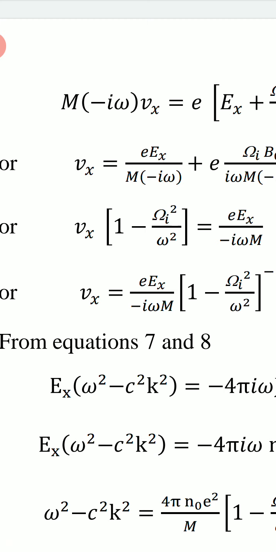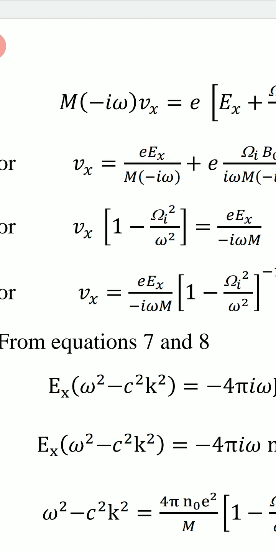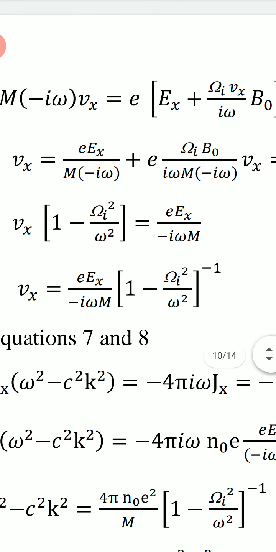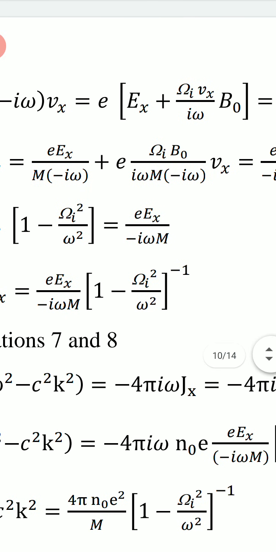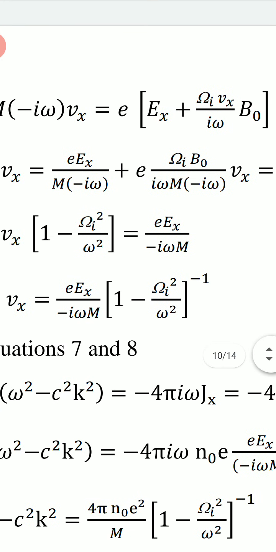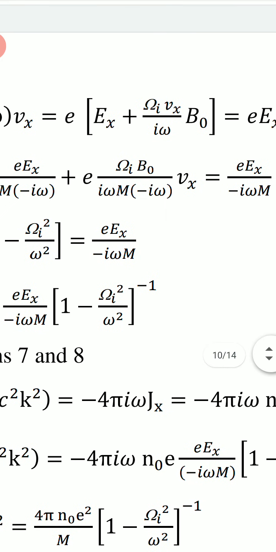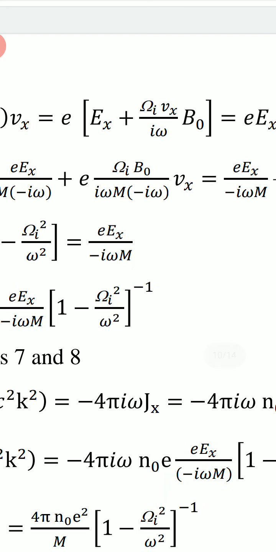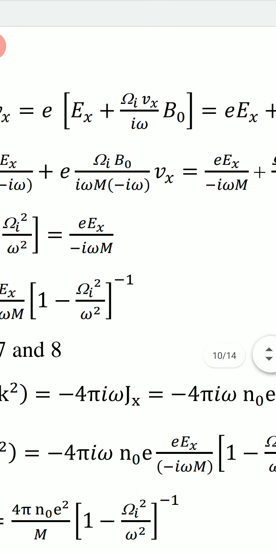We eliminate all other things except Vx in the left hand side, so we divide each side by minus i omega m. Then Vx becomes Ex upon m into minus i omega plus e omega i B0 upon i omega m into minus i omega.